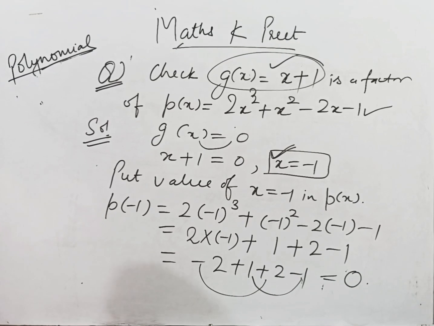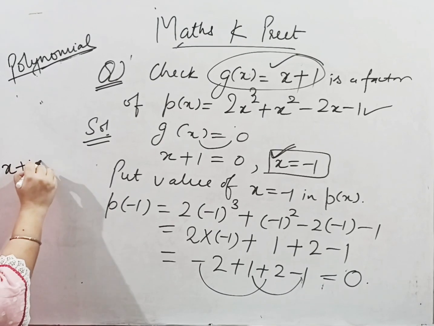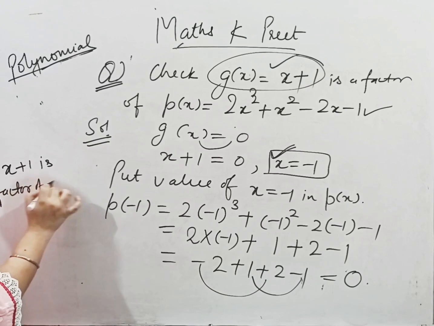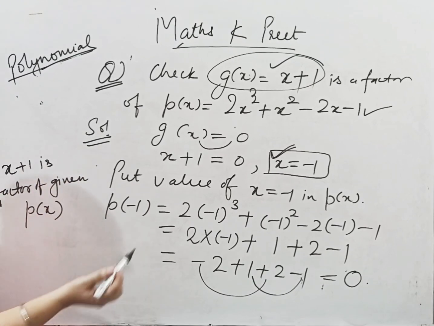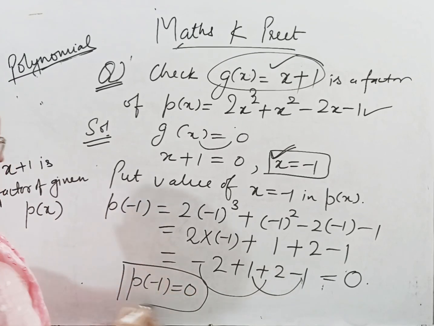You can check the whole concept of factor from there. So here x plus 1 is a factor of the given p(x). From this result, you can write p(minus 1) is equal to 0. Therefore, x plus 1 is a factor of the given p(x).